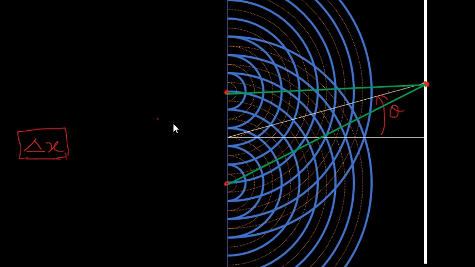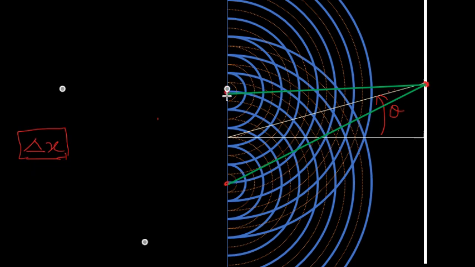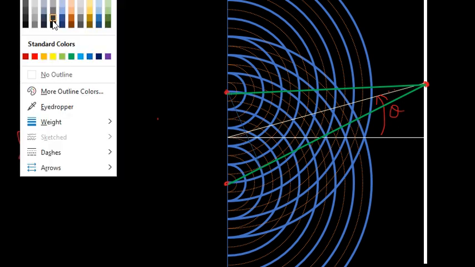I will make another line which will join this wave in such a way that it will make a 90-degree angle at this particular point. Why 90? How do I know this will be 90?